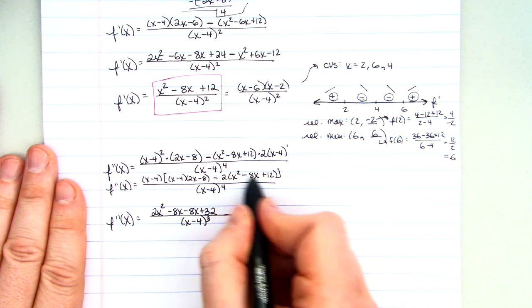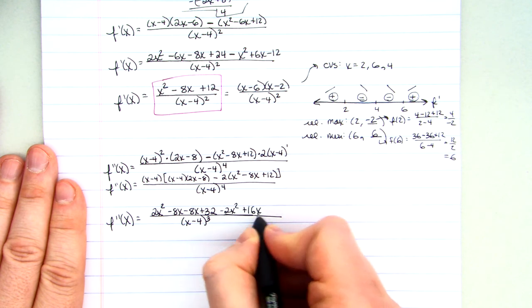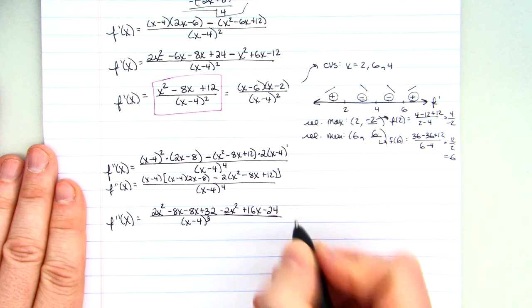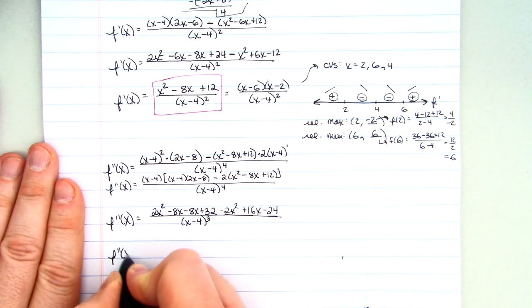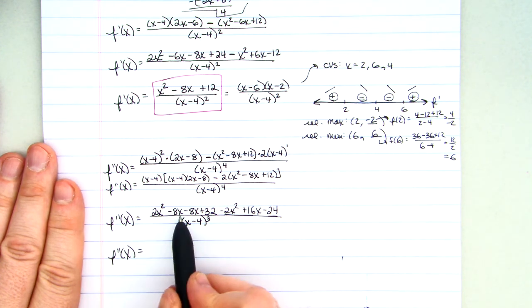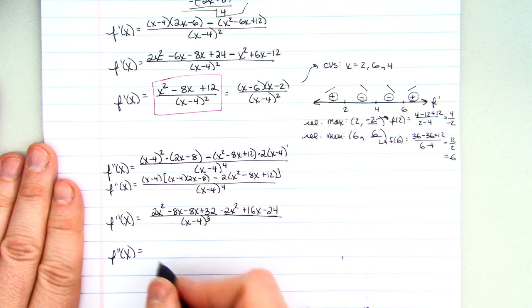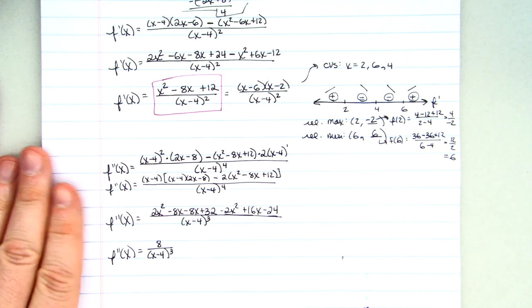I'm going to distribute a negative 2 to those pieces, so minus 2x squared plus 16x minus 24. And f double prime of x is going to equal, the x squareds cancel, all the x's cancel, 32 minus 24, that's just 8, over x minus 4 cubed.